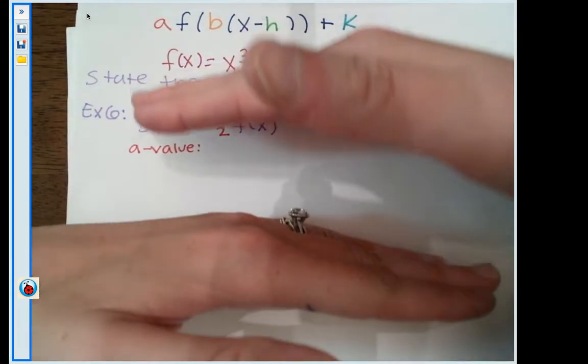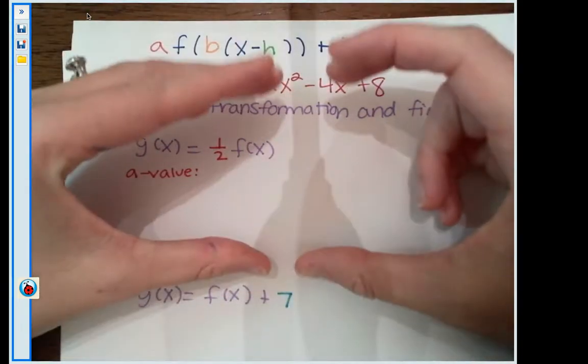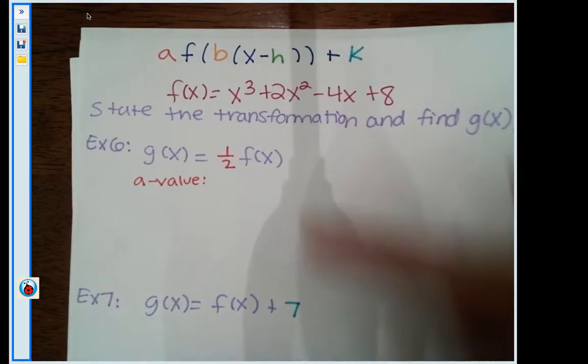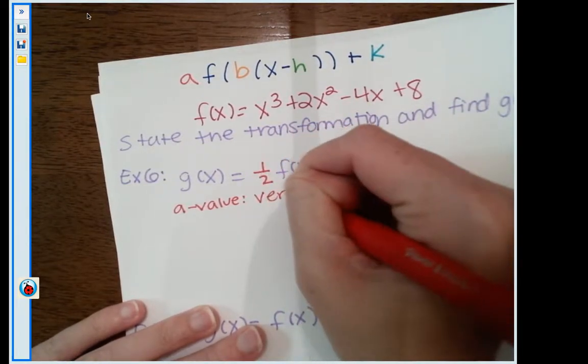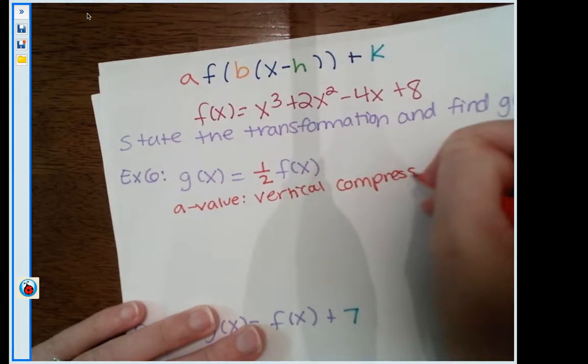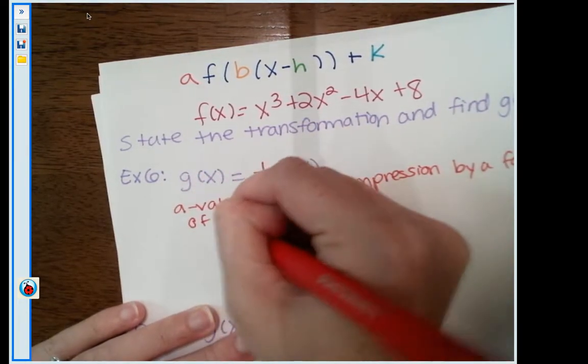If we smush something down vertically, we'll smush it and make it get wider since we are smushing it down. Okay, so this will be a vertical compression by a factor of 1/2.